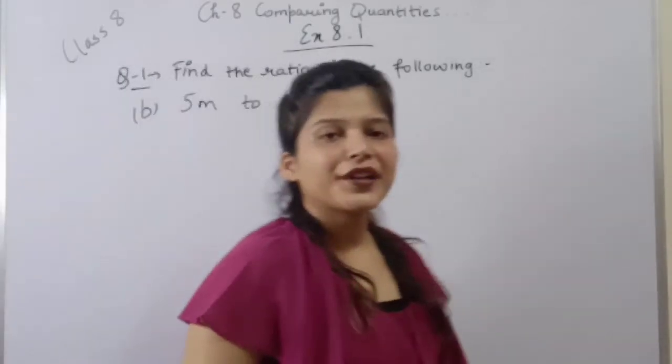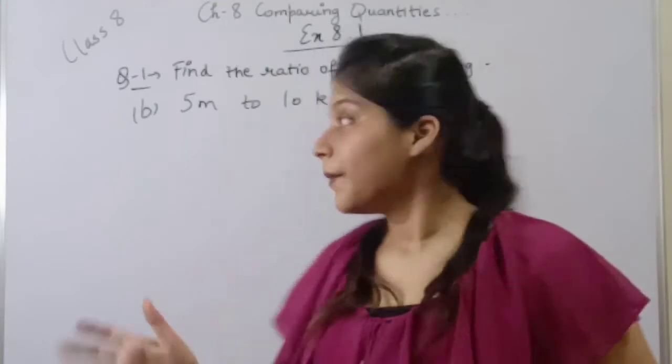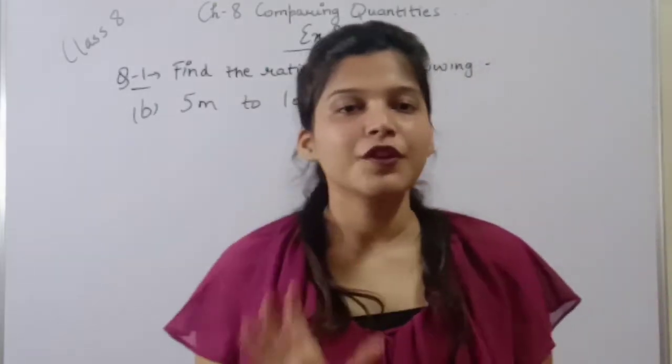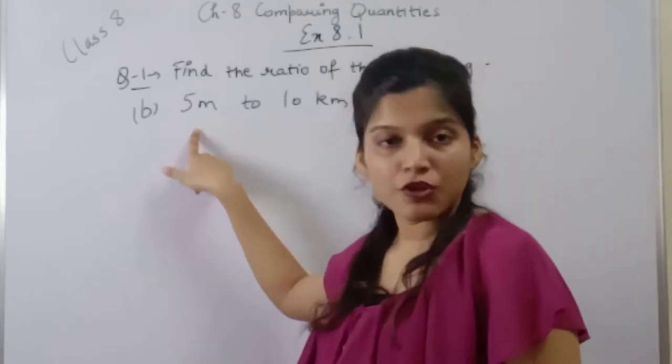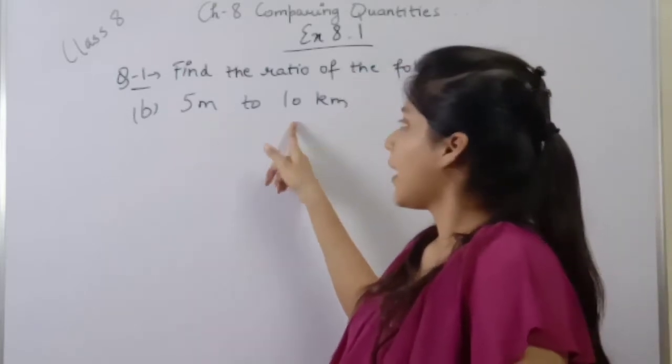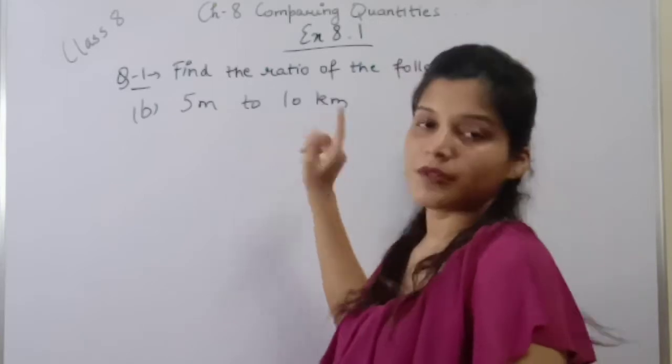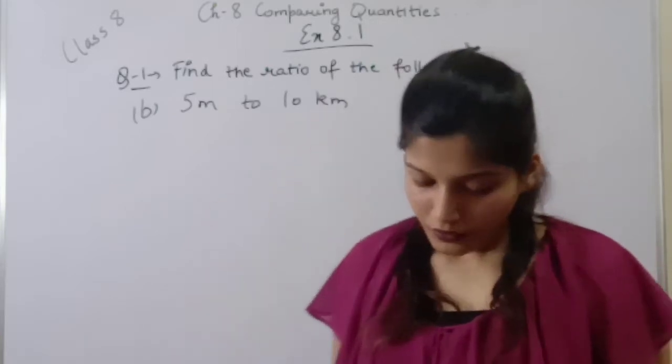Now, one quantity is in meter and the other is in kilometer. So, हम directly 5 is to 10 नहीं लिख सकते. First we have to convert. या तो हमें इसको किलोमीटर में बनाना है और else what we can do, इसको मीटर में बना सकते हैं. ठीक है?